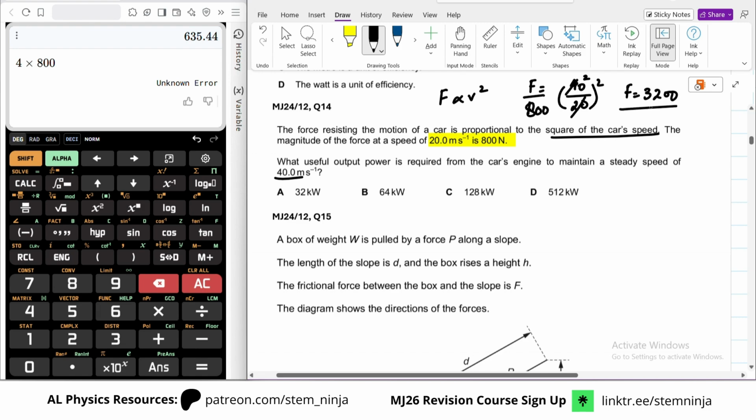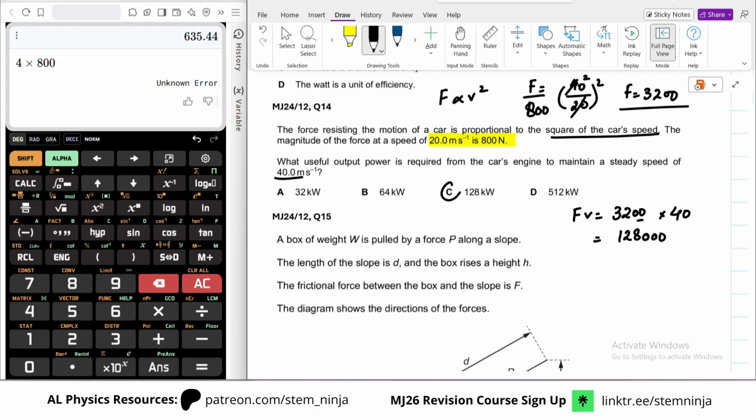Now this is just the force, this is not the speed, this is not the power. To do that we need to multiply this by this, so 3200 times 40. So the answer is simply, we know 32 times 4 is 128, so 128,000. So 128 kilowatt would be the correct answer.